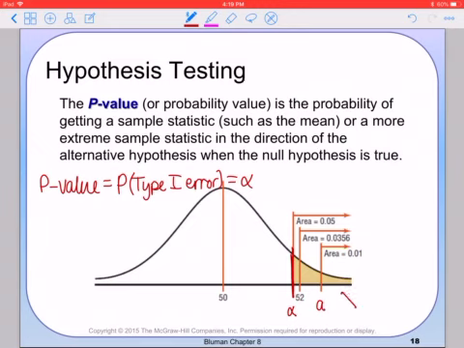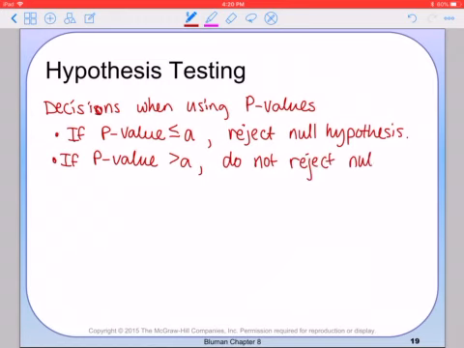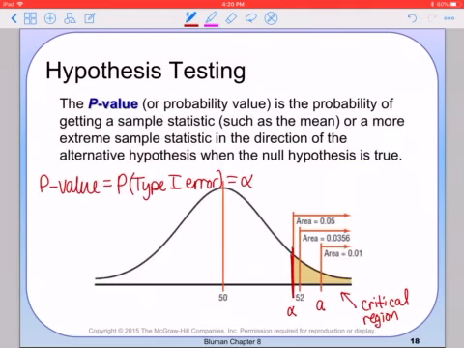We would be in the critical region, and whenever you're in the critical region, you're going to reject the null hypothesis. And then here, if we have that the p-value is bigger than alpha, we do not reject the null hypothesis. Which also makes sense because if we were over here, then we would be in the non-critical region and we would not reject the null hypothesis.